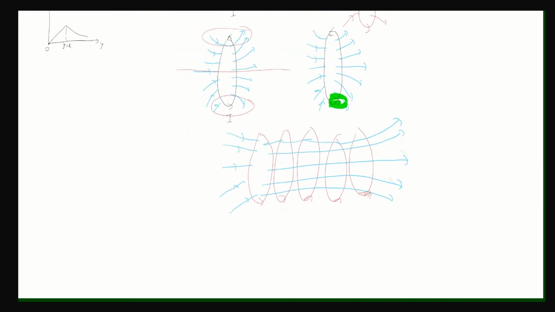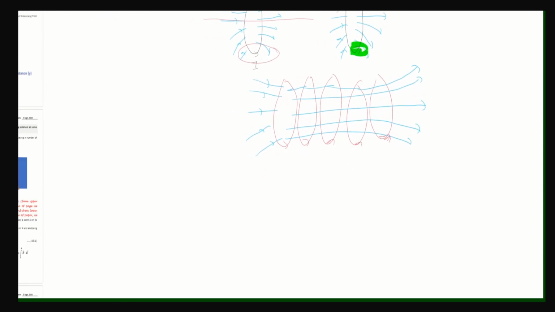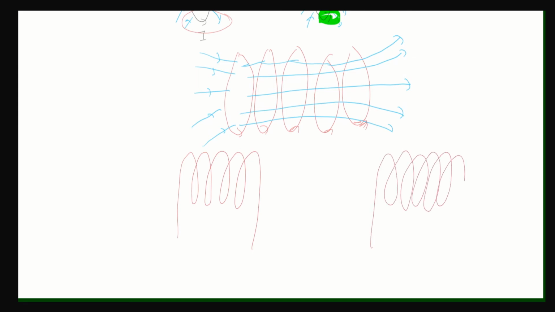Suppose I take a smaller solenoid. Consider two solenoids. Say this is the first solenoid, and consider a longer solenoid. What is the difference between the magnetic field lines?